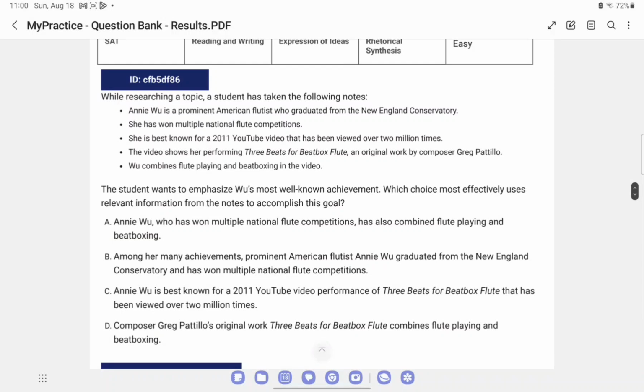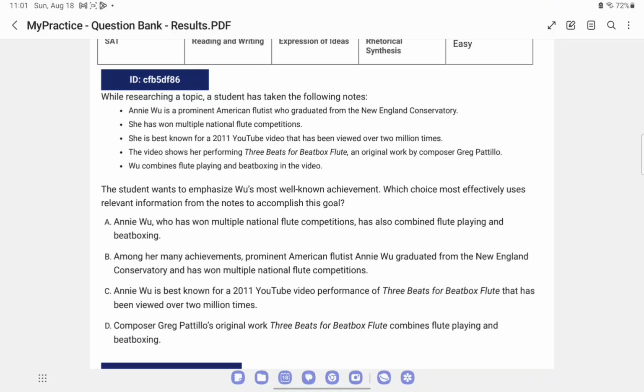Anyways, so the student wants to emphasize Wu's most well-known achievement. So we have to talk about her achievement and really put a lot of emphasis on it. Okay? So A says she has won multiple flute competitions and combined flute playing and beatboxing.